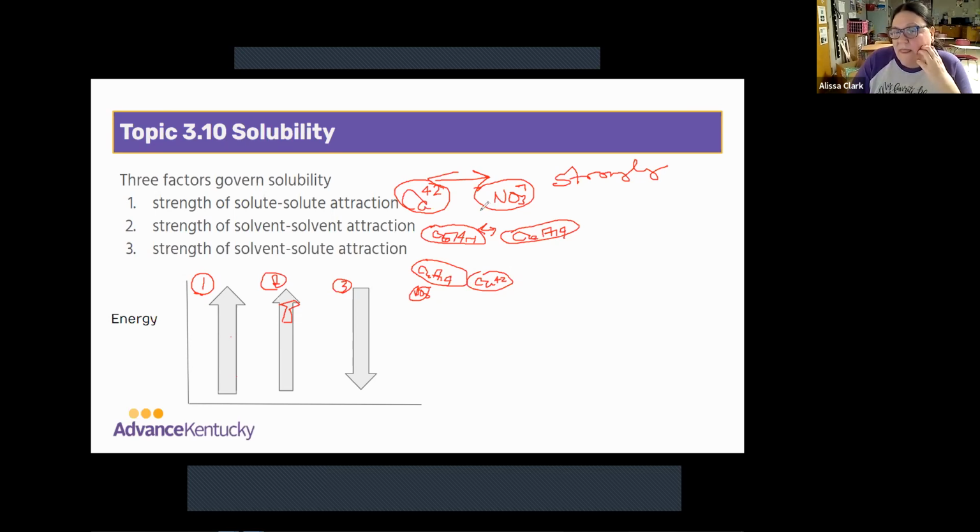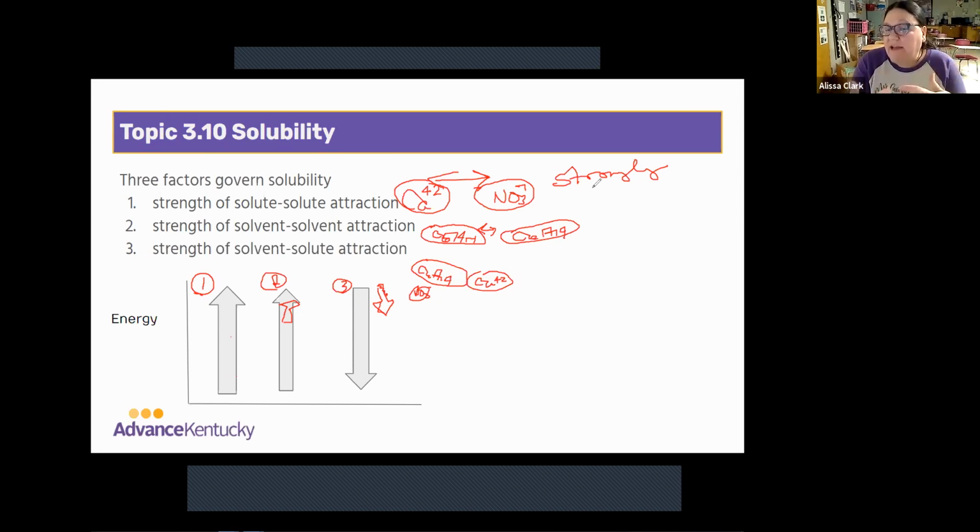So the force of attraction that is able to form between the solvent and the solute has to be significant, equivalently significant at least, to the forces of attraction that the solute molecules and the solvent particles are giving up when that solution forms.